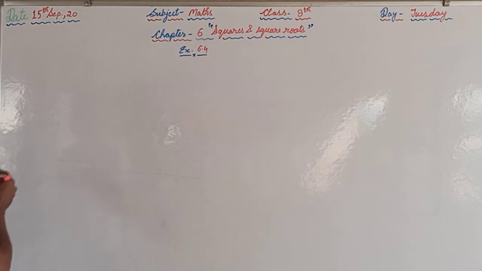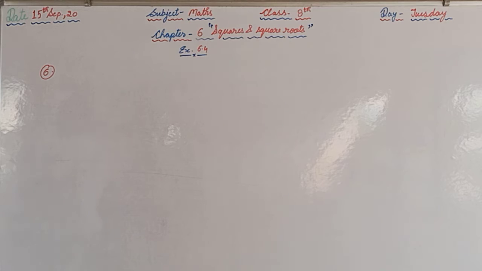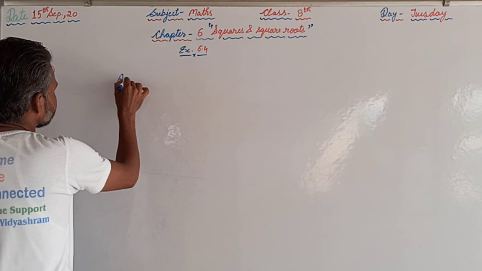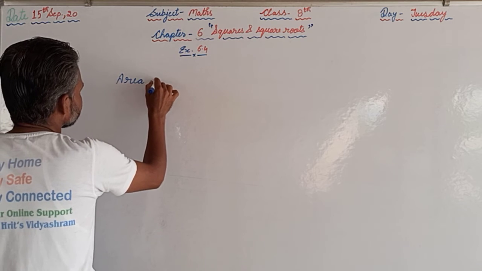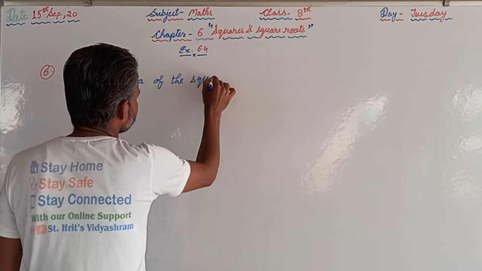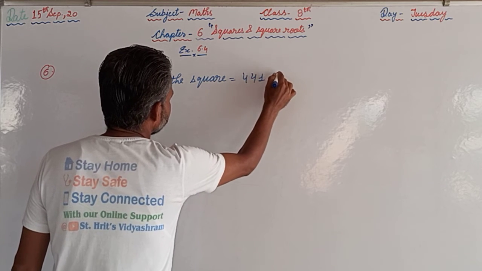And question number 6, we should read the question. Find the length of the square whose area is 441 meter square. The area is given, area of the square is 441 meter square.